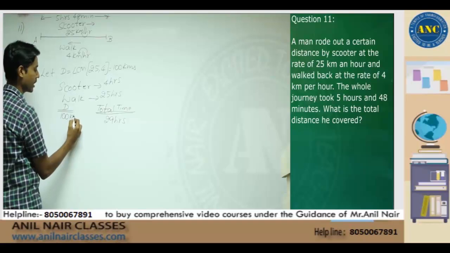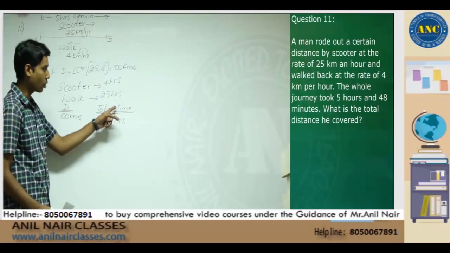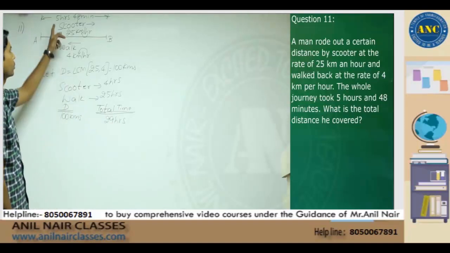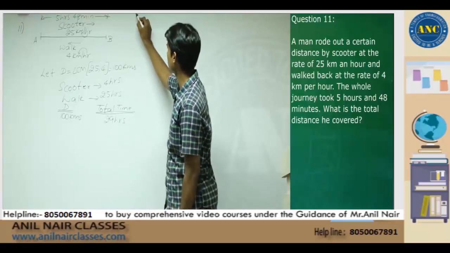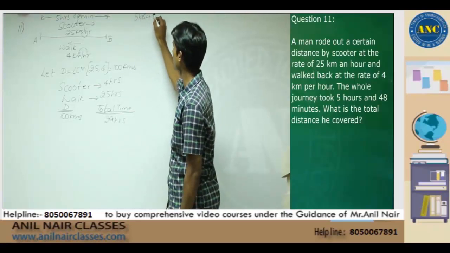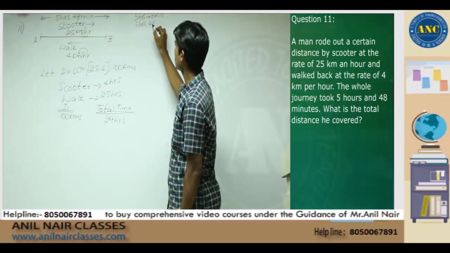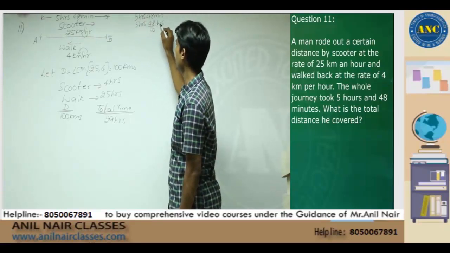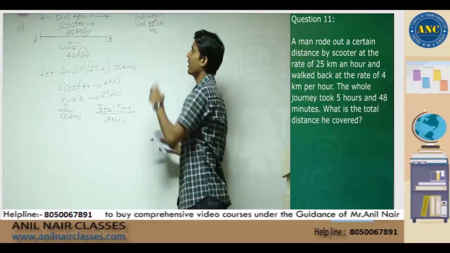According to me, distance is 100. I have assumed it as 100. But according to the question, total time is not 29 hours. Total time is 5 hours and 48 minutes. 48 minutes is 48 by 60 hours, which is 4 by 5 hours.